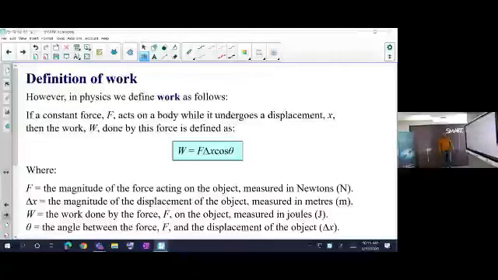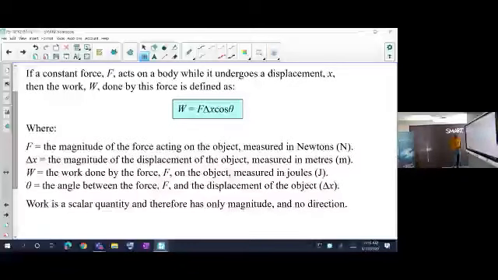We are going to look at this angle theta quite often, because it's the one that is going to give us the positive, the negative, the zero. This is very, very important. I said earlier that work is a scalar quantity and therefore has only magnitude and no direction.